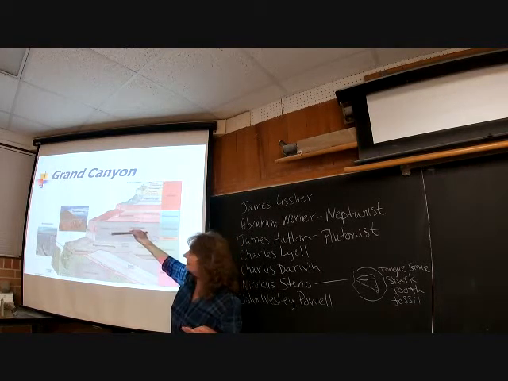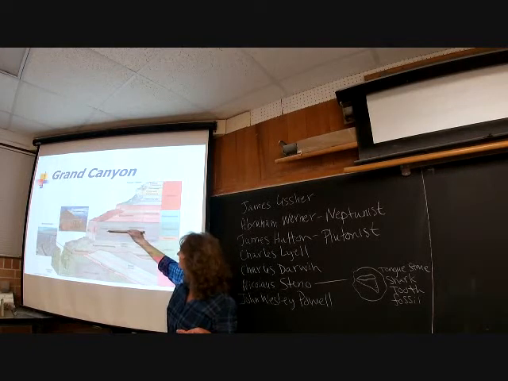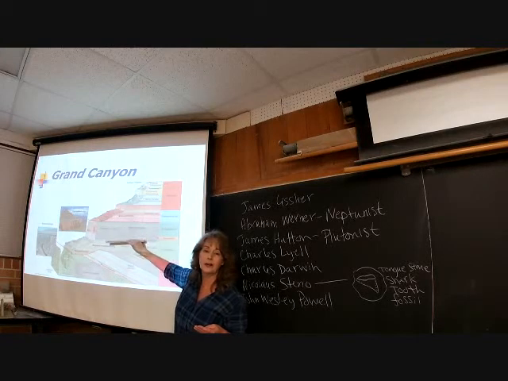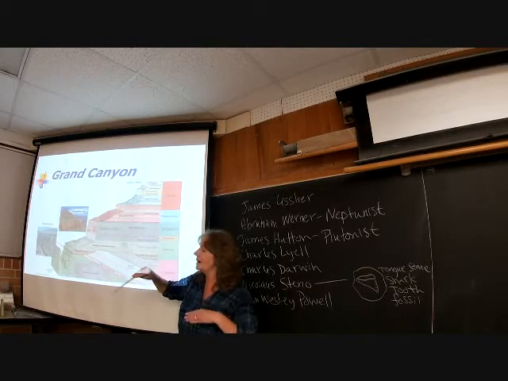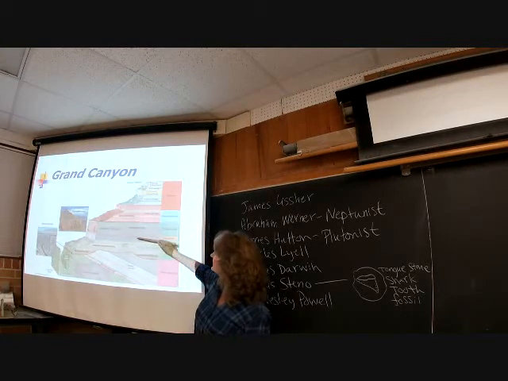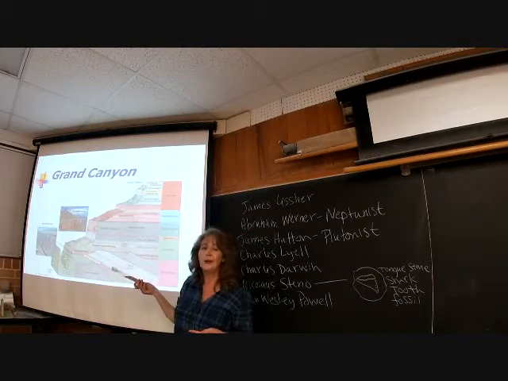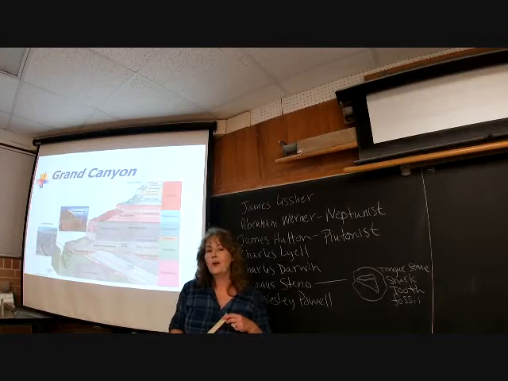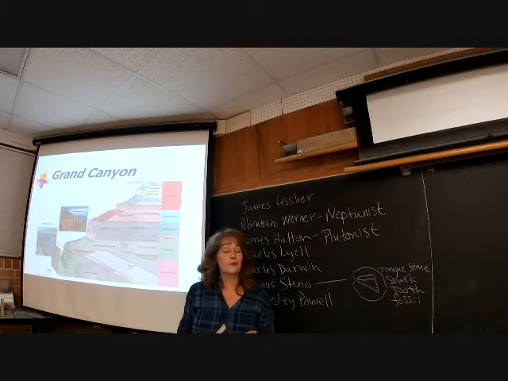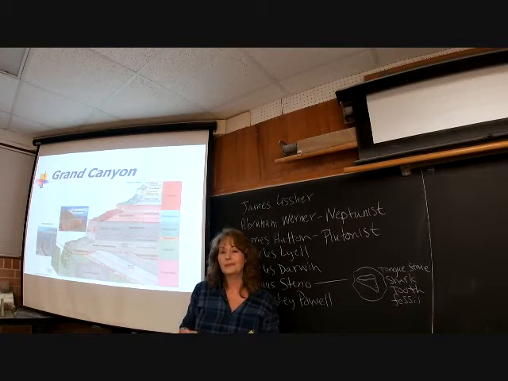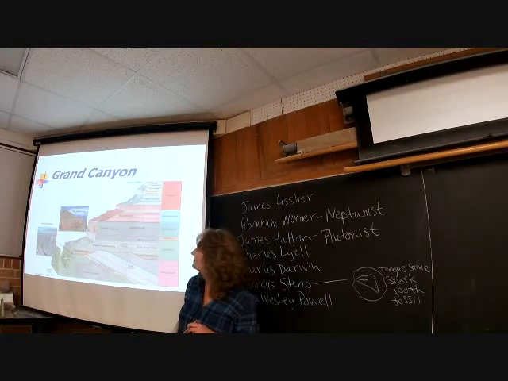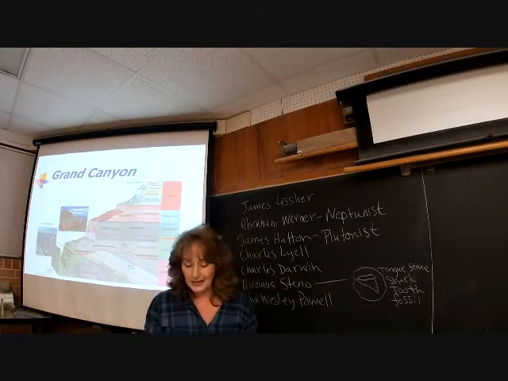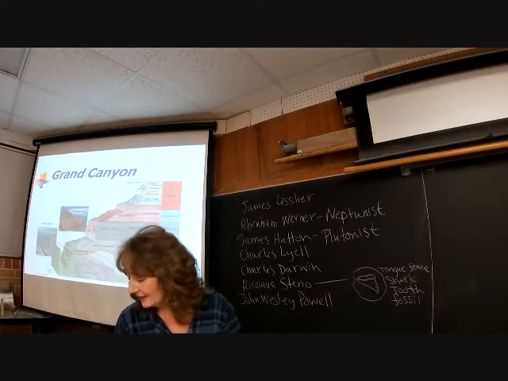Then deposition resumed, and here we've got some more limestone layers, but they're essentially parallel to one another on either side of that unconformable surface, that red line. We call that a disconformity. So all three of these unconformable surfaces, gaps in the rock record, are exhibited in the Grand Canyon. It's an excellent example of this.